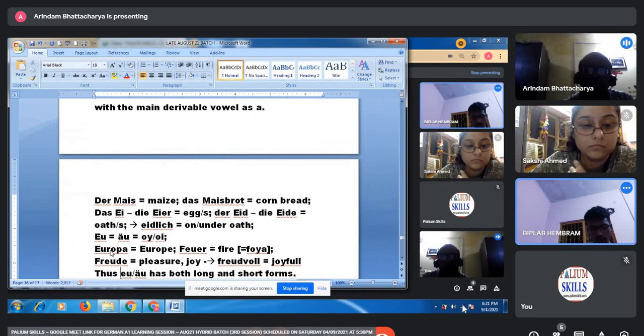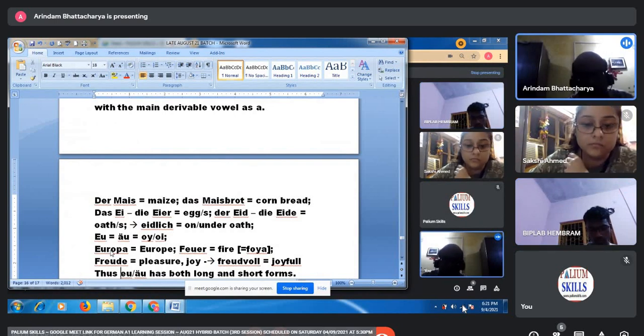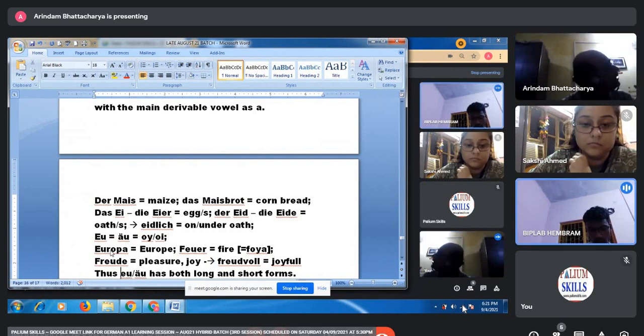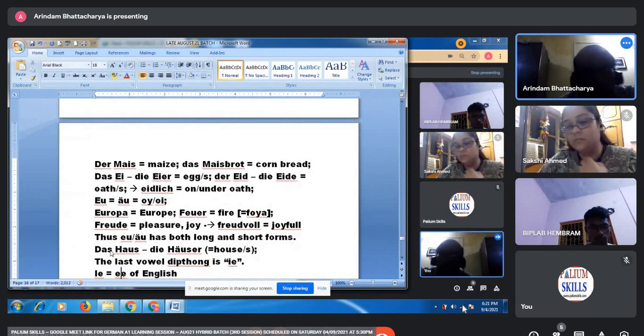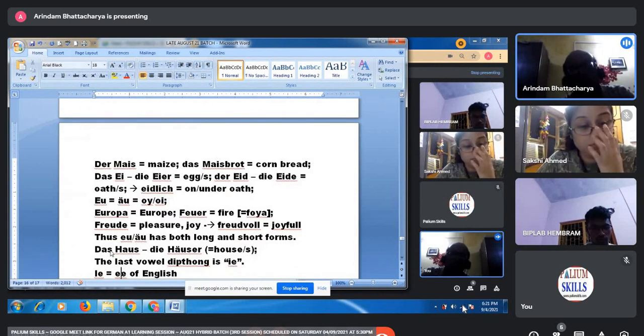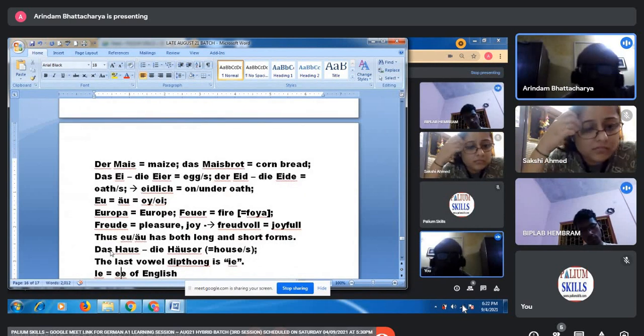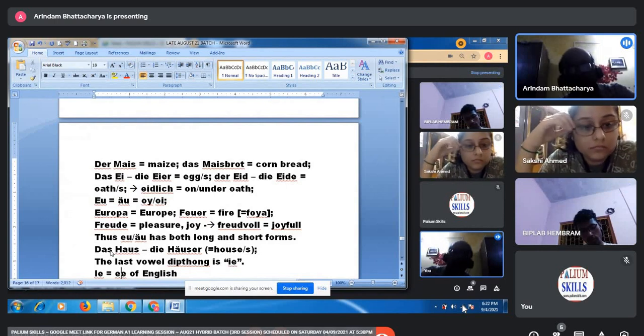So how will you understand whether a vowel is long or short will be dealt with today itself in the letter half. Let us see. Okay, let us be fast. Europa. So AU, umlaut, is equal to oi.